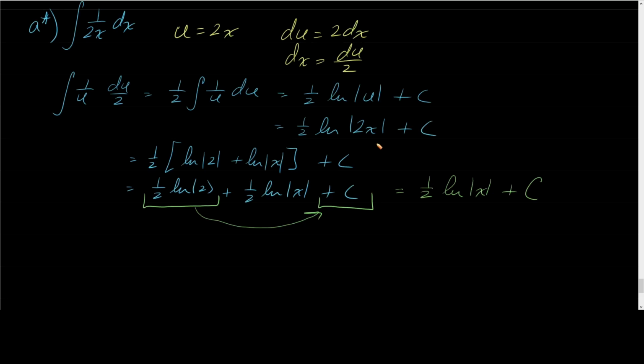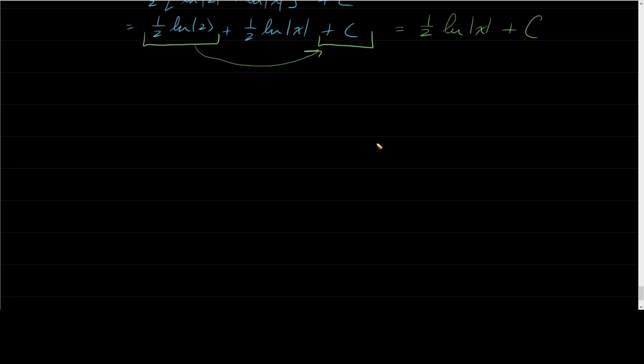When you go to check your work, you might have gotten a slightly different answer, but it doesn't mean you were wrong. It depends on how you simplified it, and that's something to keep in mind about all math textbooks. All right, so that was A.